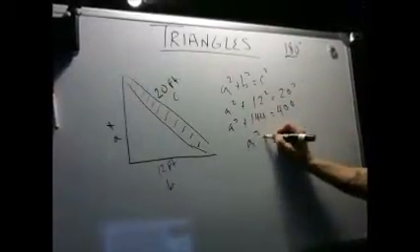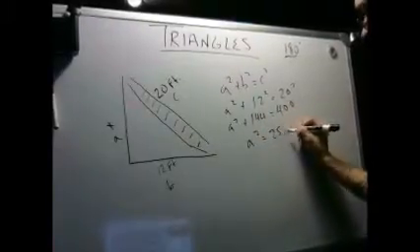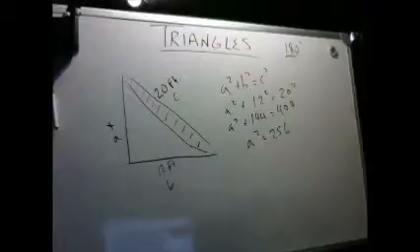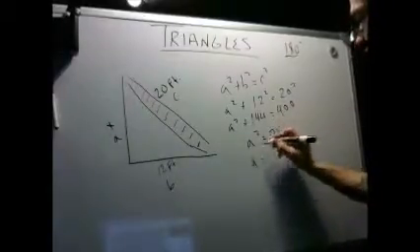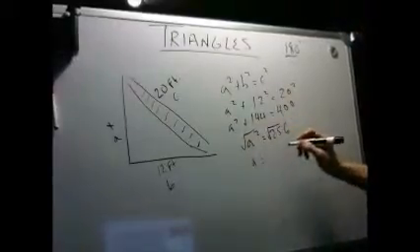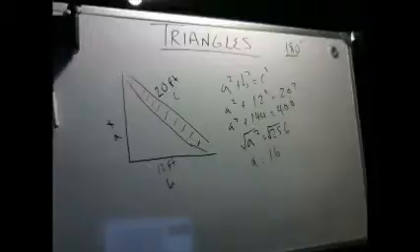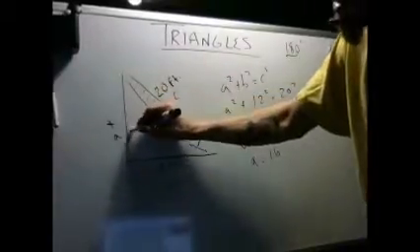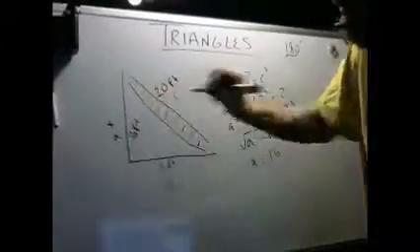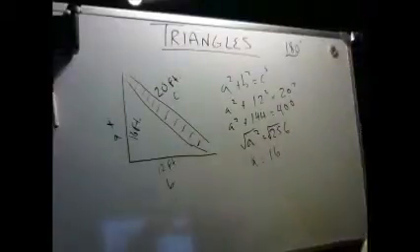And a squared equals 400 minus 144, which gives us 256. We're going to take the square root of 256 to get rid of this square, and that gives us 16. Therefore, we know that the length of A is 16 feet. And that's how you would solve that particular word problem.